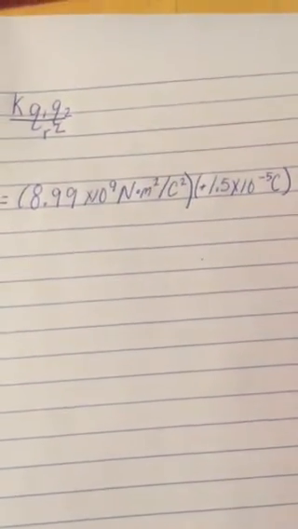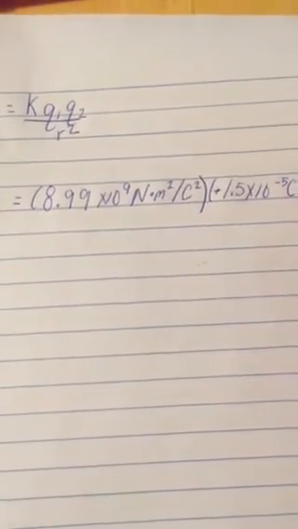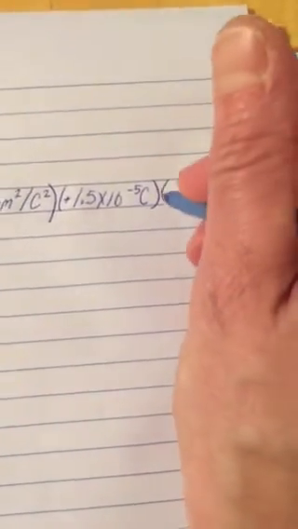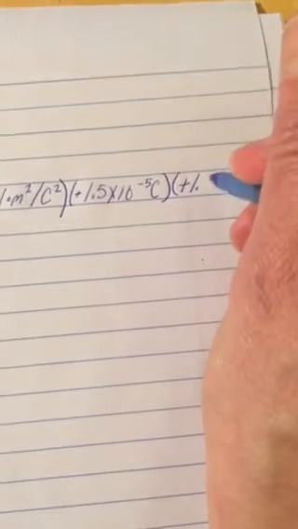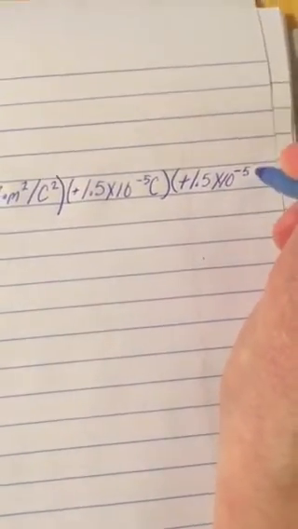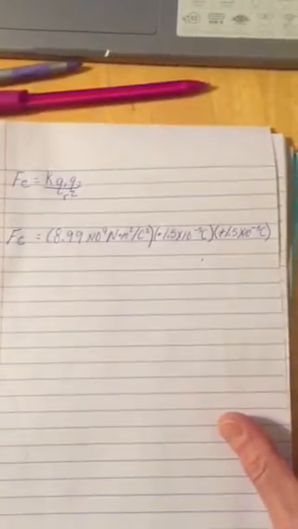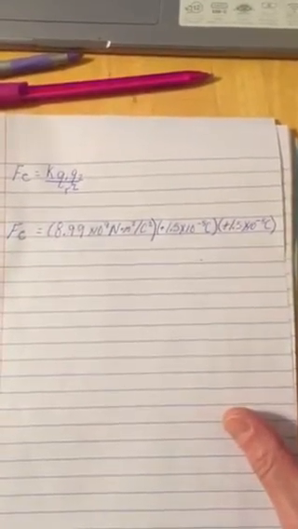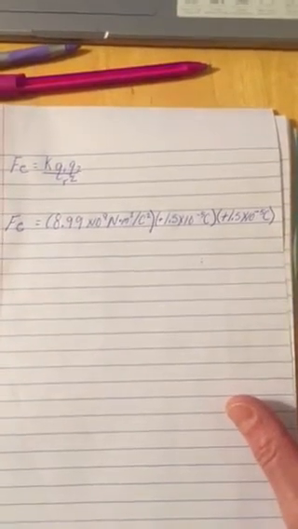The problem actually says that there's two positive charges of the same size, so I'm going to write that number a second time. Positive 1.5 times 10 to the negative 5 coulombs. And so all of that is what the numerator should look like when you're plugging in the numbers with the units for this problem.